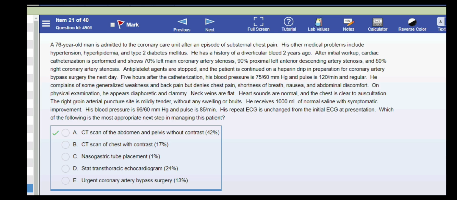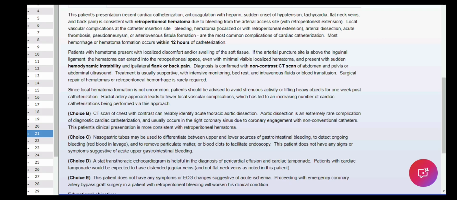Why? What is the link with that? Because it could happen with retroperitoneal hematoma. This patient's presentation is consistent with retroperitoneal hematoma, because of bleeding from the arterial access site.